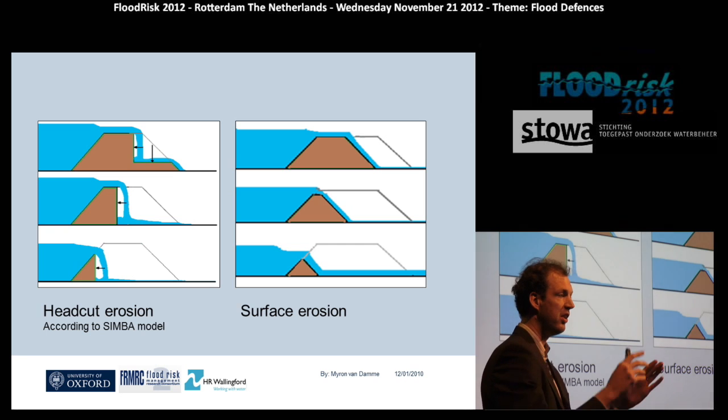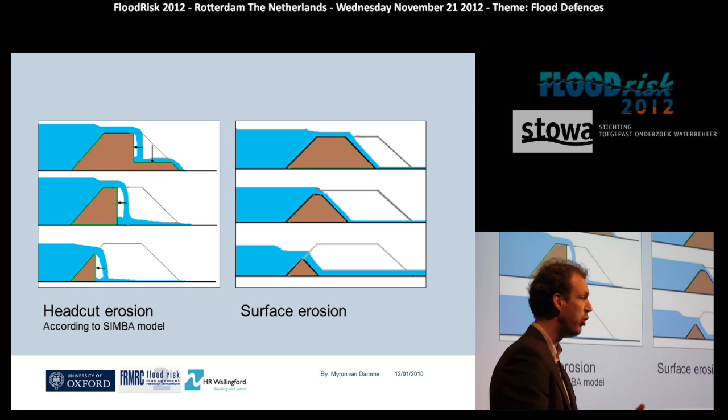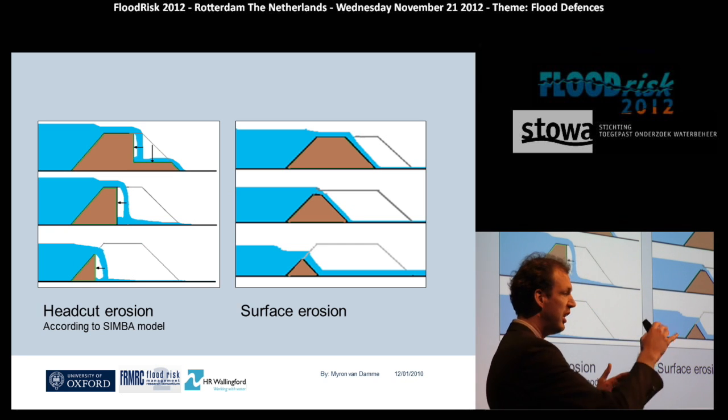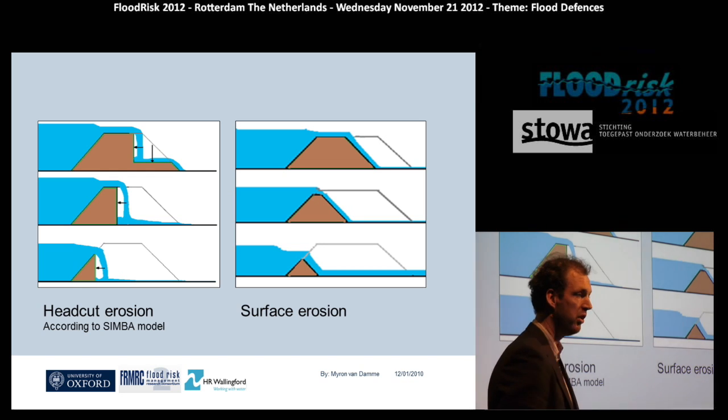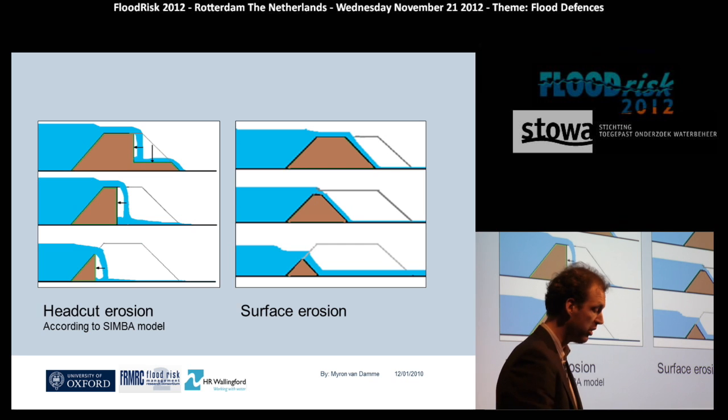In headcut, the embankment is made of more cohesive material, and it actually cuts back through the embankment, as you can see on the left side. The Ariba model simulates this process according to the SIMBA model. I won't go into any further detail about the headcut model.